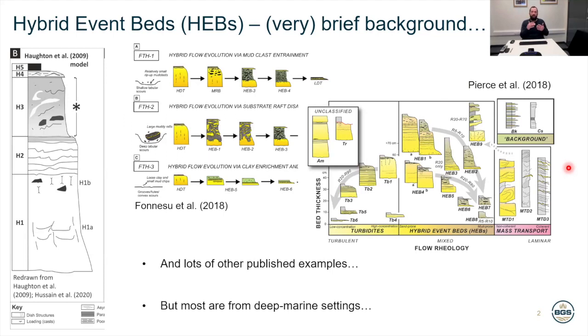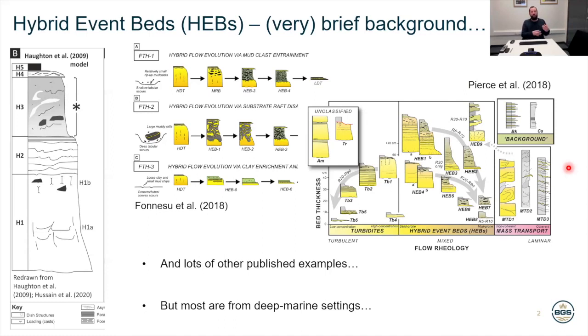The H2 unit is viewed as a transitional deposit between the two flow types. And then the H3 unit is a separate part of the flow event, which is deposited in generally more cohesive flow, certainly a flow that might be more like a debris flow.